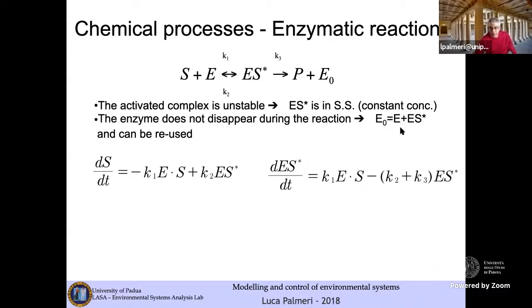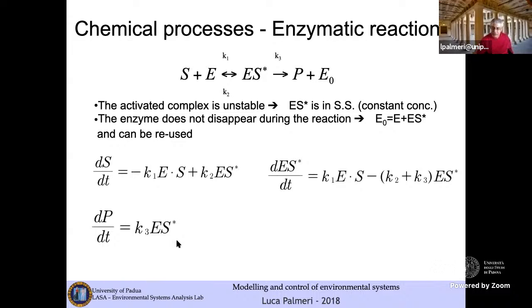In order to complete this schema, we then introduce a third differential equation that describes the dynamics of the product of the reaction, so that we may write that the variation in time of the product is equal to K3 times the concentration of the activated complex ES star.